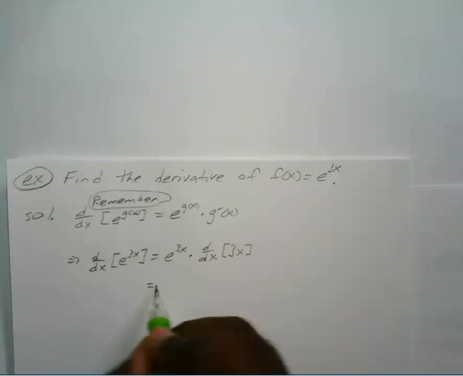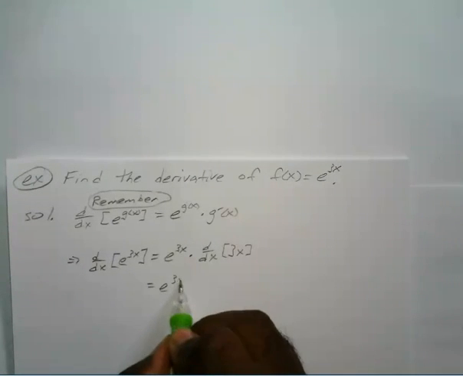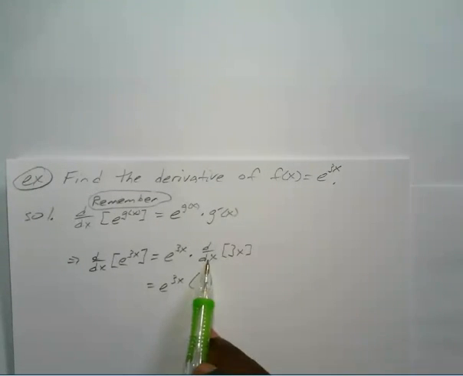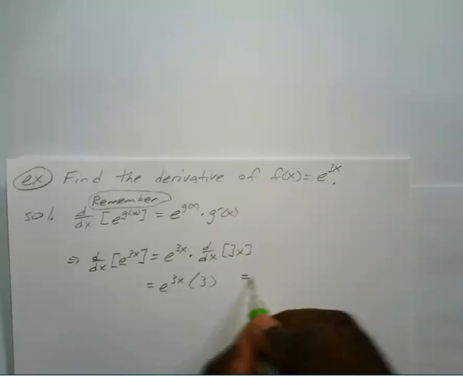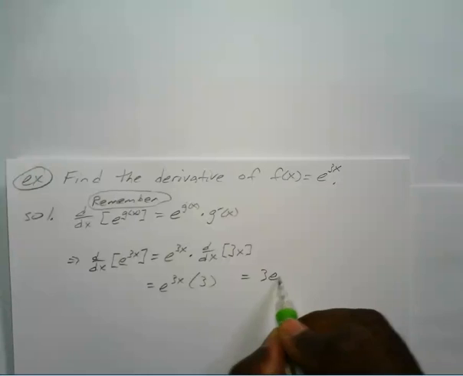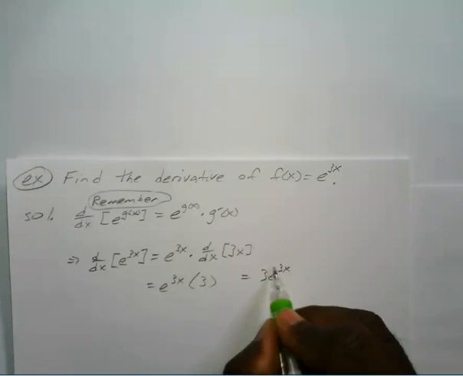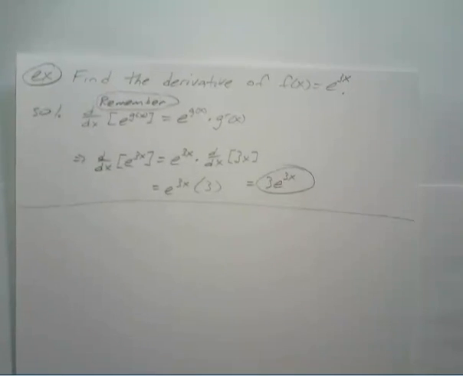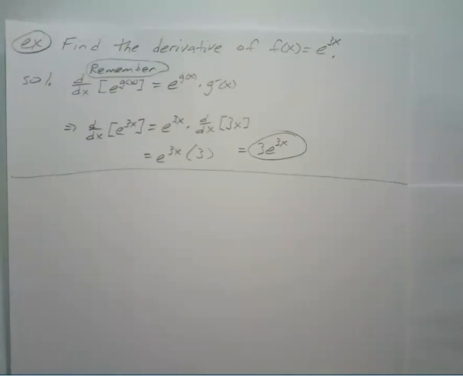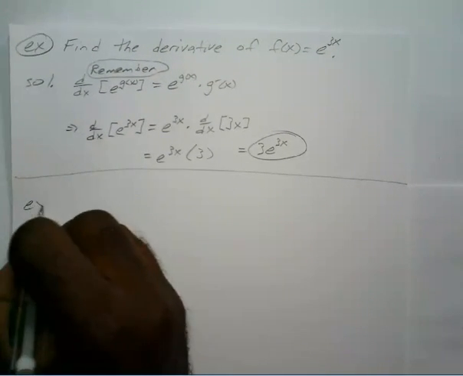That's going to equal e to the power of 3x times the derivative of 3x, which is just 3. So that gives you a derivative of 3e to the power of 3x. It's pretty straightforward. Okay, let's move on to our next example. We have a little bit of room left on this page. No need to waste paper.